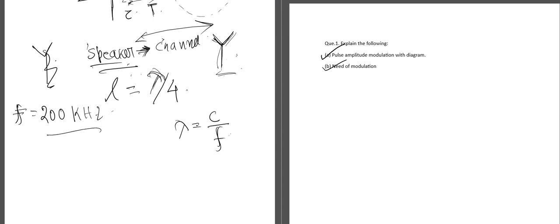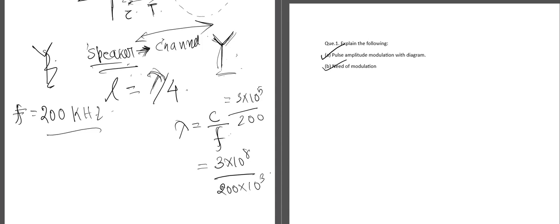So in that case, what will be our value of lambda? It will be equal to 3 into 10 to the power 8 divided by 200 into 10 to the power 3. Okay, so it will give us 3 into 10 to the power 5 divided by 200. So if we divide 3 by 200, we will be getting 0.015.